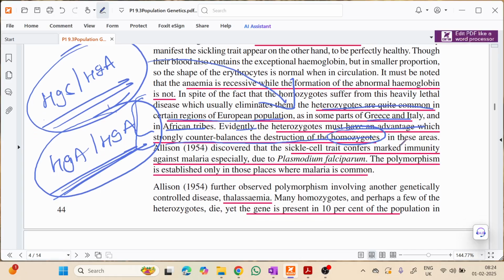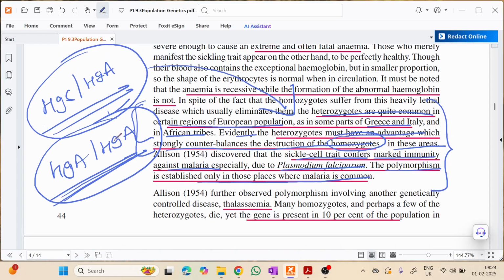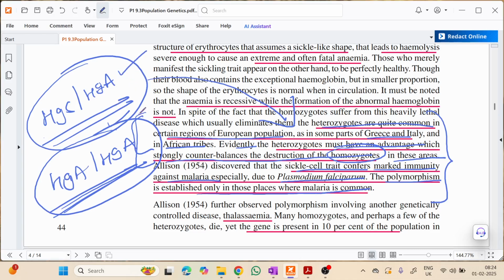So the areas that I've talked about are the areas where the sickle cell trait confers marked immunity against malaria due to Plasmodium falciparum. So the polymorphism is established only in places where malaria is common. So again, वो reason हमारे पास आ गया कि आखिर नेचर ने heterozygous जो है वो कंडीशन क्यों establish की?